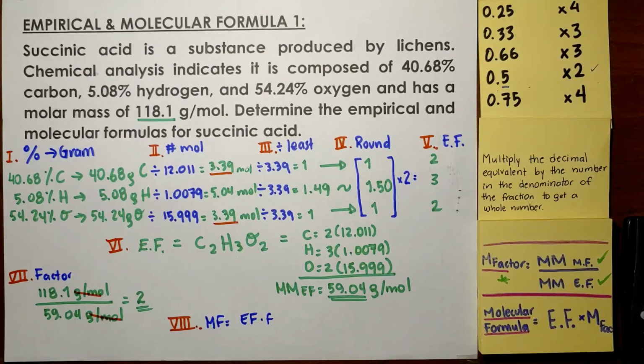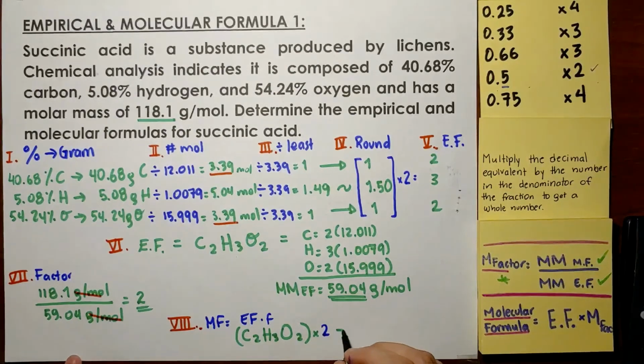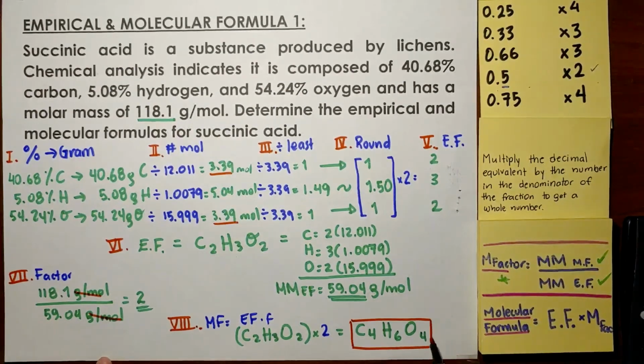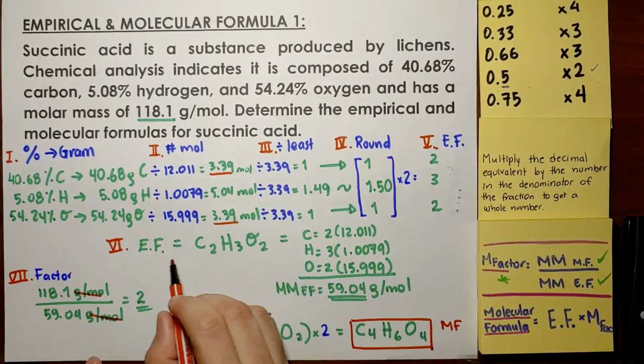My empirical formula is C2H3O2, times the factor that we got from the step before, that is 2. So my molecular formula is going to be C4, H 3 times 2 is 6, O 2 times 2 is 4. C4H6O4. And this is the final answer. This is the molecular formula and this is the empirical formula.